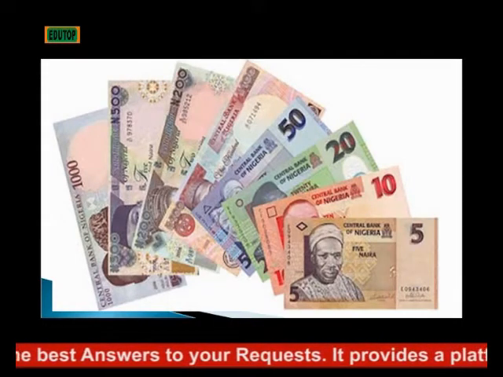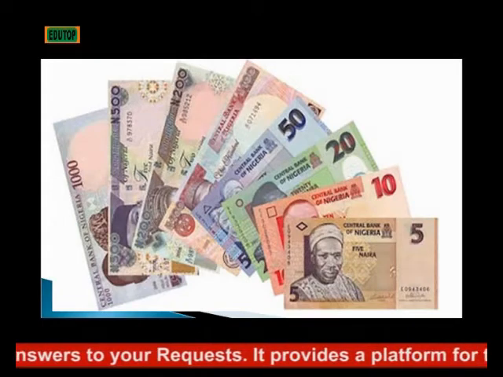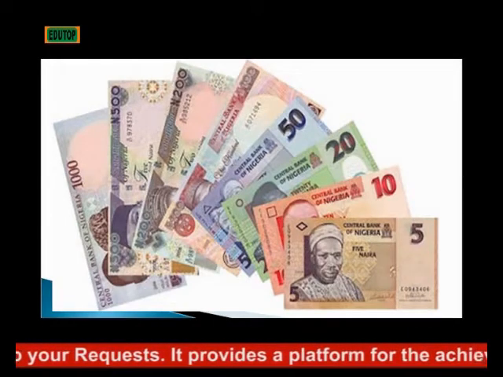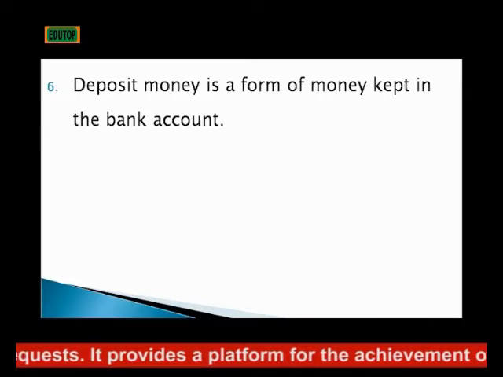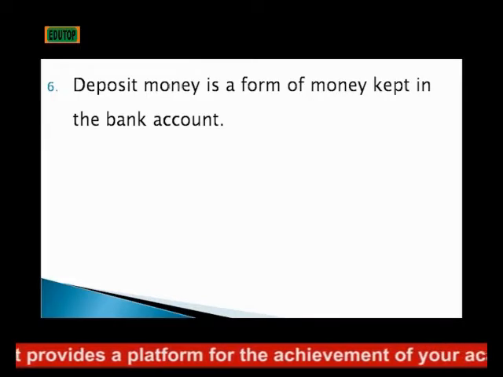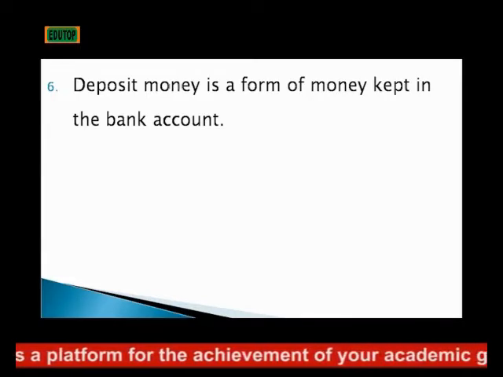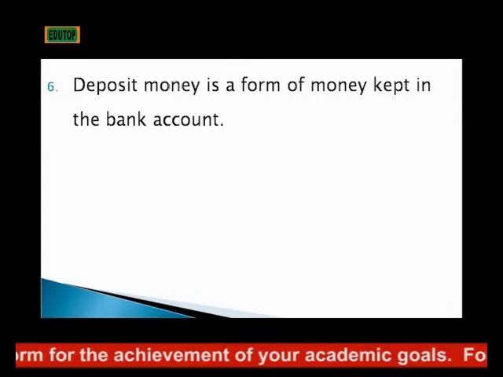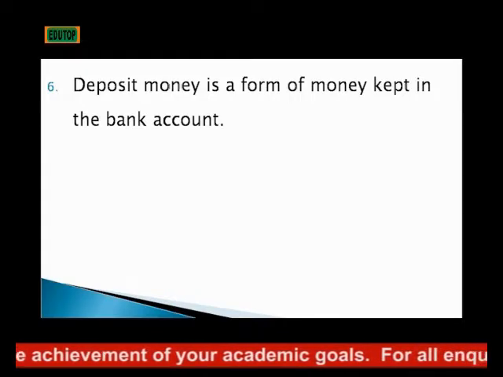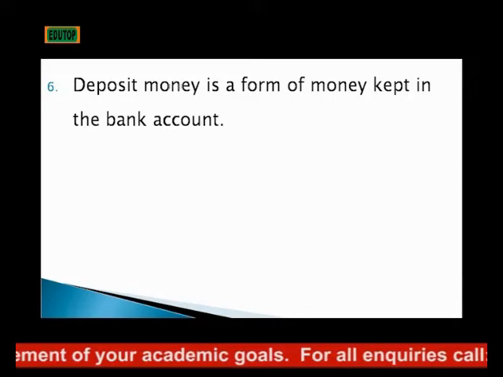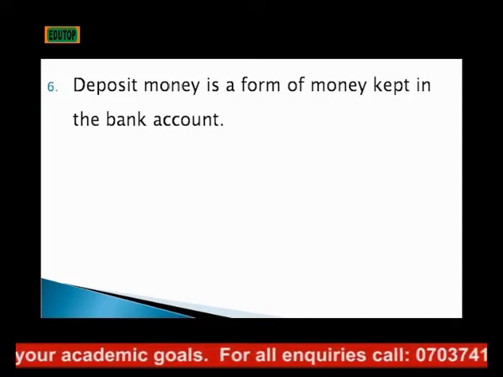These are the example of fiat money. And the last one is what we call deposit money. This one is a form of money in someone's bank account. The amount of money you have in your bank account is a form of money. Those are the example of the types of money that we have.